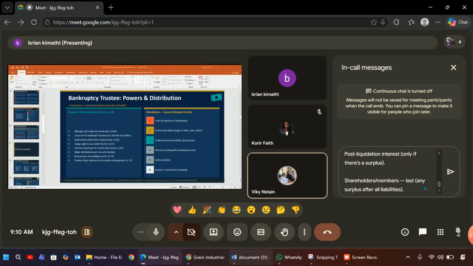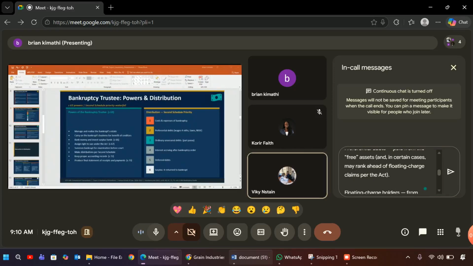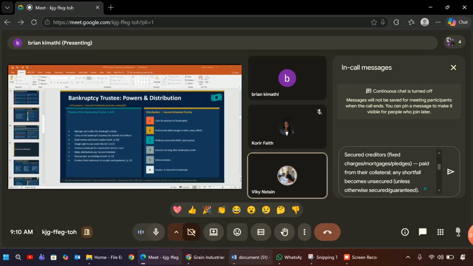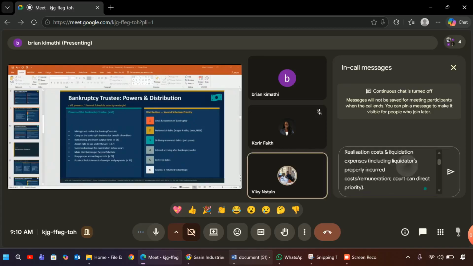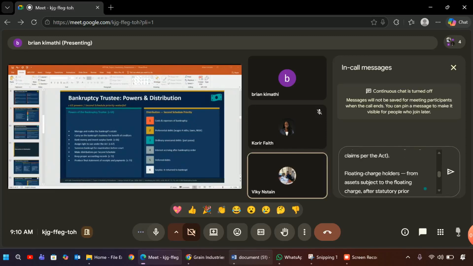So CLE niliona situation pia a shareholder alijaribu kujilipa akiwa wa kwanza, so unaulizwa the offense that was committed. So CLE has a habit of playing around this flow of various debtors.